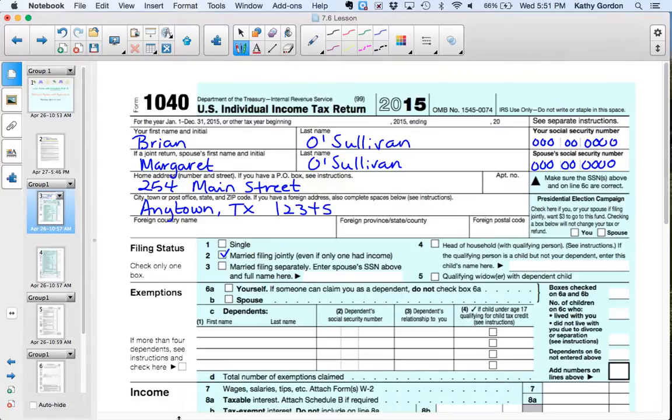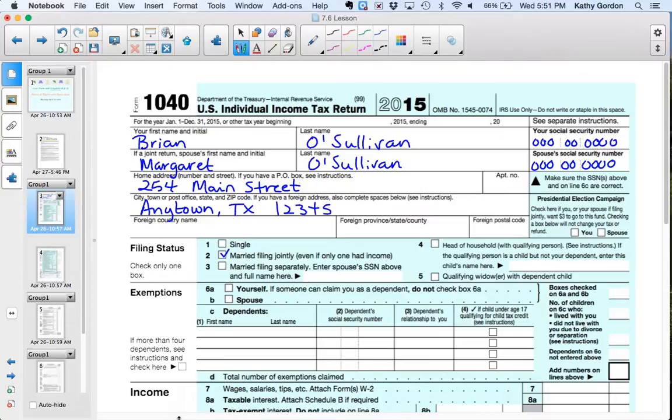And then for the exemptions, again, make sure that you read what's on the form, because the form says different things different times. Sometimes you check if you are claimed by someone else. Sometimes you check if you're not claimed by someone else. That was one of the things that was a bit confusing on our quiz.